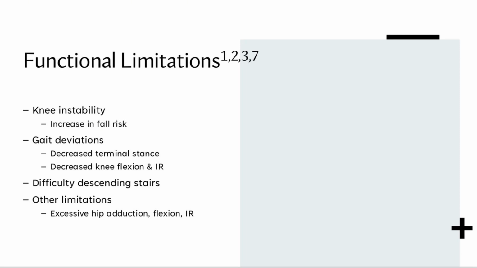Also, a PCL sprain could lead to gait deviations such as decreased terminal stance, which could lead to a shorter stride length, decreased walking speed or falls, decreased knee flexion and internal rotation, which may cause knee locking. And then other limitations caused by PCL sprain could be excessive hip adduction, flexion, and internal rotation, which could cause impingement.